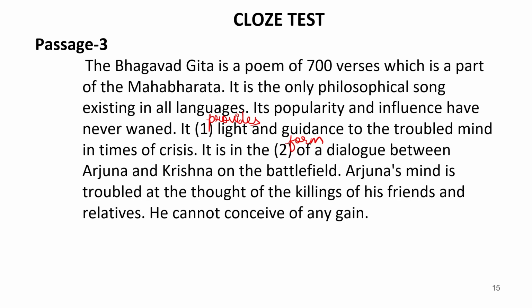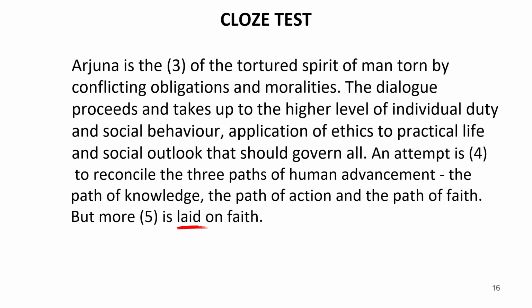It is in the form of a dialogue between Arjun and Krishna. On the battlefield, Arjun's mind is troubled at the thought of the killings of his friends and relatives. He cannot conceive of any gain. Arjun is the symbol of the tortured spirit of man, torn by conflicting obligations and moralities.